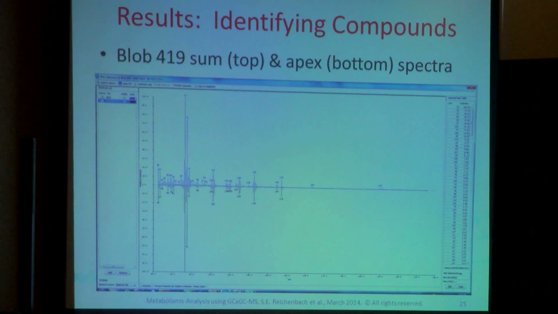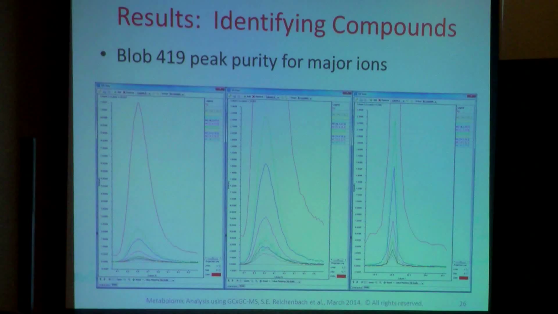We also compared the apex spectrum, the single spectrum that is the largest, with the sum of all spectra within the blob, and if the sum is equal to the apex, then that's an indicator of pretty good peak purity. There are, of course, other measures of peak purity as well.